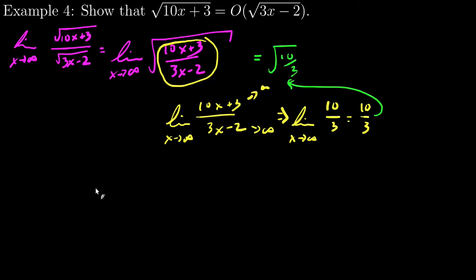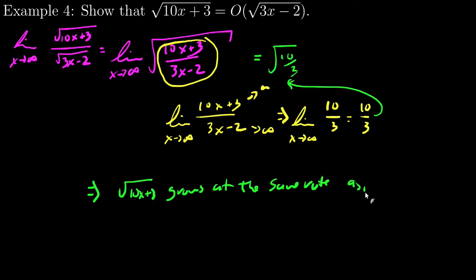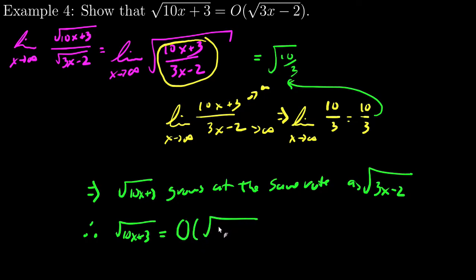This all implies that root 10x plus 3 grows at the same rate as root 3x minus 2, and therefore root 10x plus 3 is big O of root 3x minus 2.